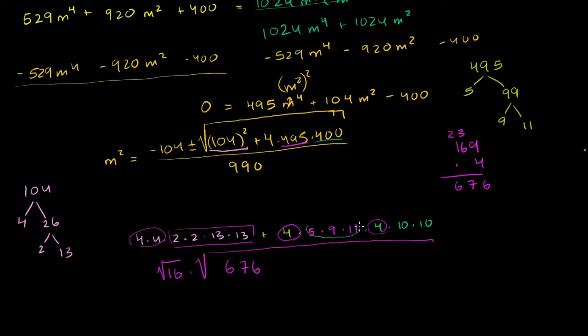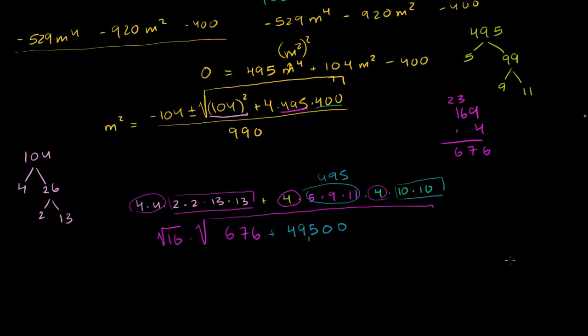This number right over here is going to be 495. And we're going to multiply that times 100. So plus 495, and just add 2 zeros. So it becomes 49,500. So this is going to become, square root of 16 is 4 times the square root.